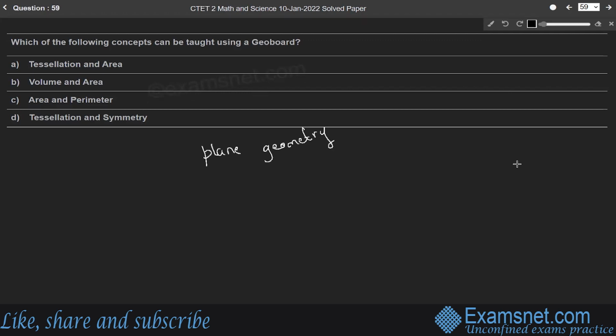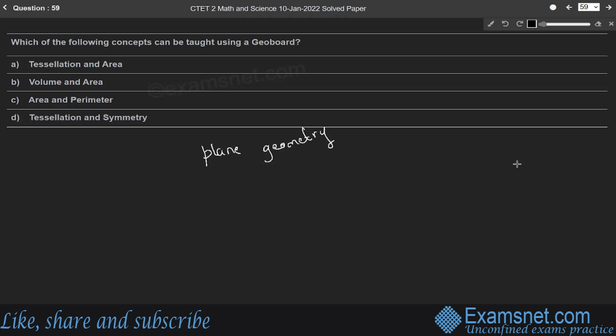A geoboard has many nails attached to the board. A rubber band or a thread can be used to build different shapes by rotating the thread or rubber around the nails. Many shapes like squares, rectangles, and triangles can be formed by using a geoboard.